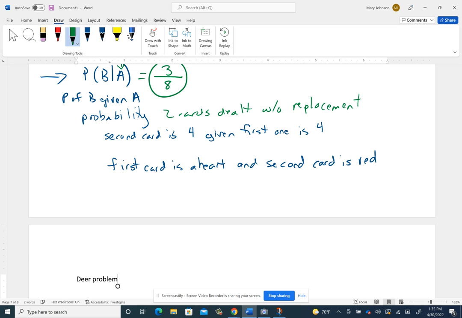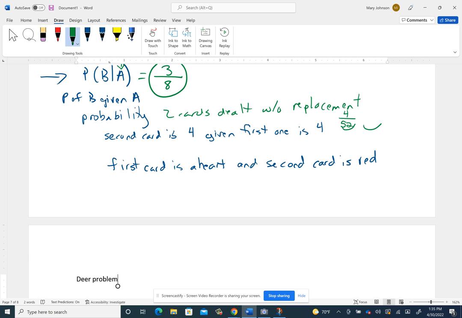Okay. So this one says, what's the probability the second card is a 4 given the first one is a 4? So the first one is a 4 here. So I know I got a 4 on that one. Now the probability of the first one being a 4 would be 4 out of the 52, one of each suit.